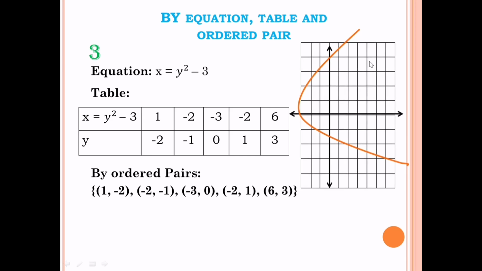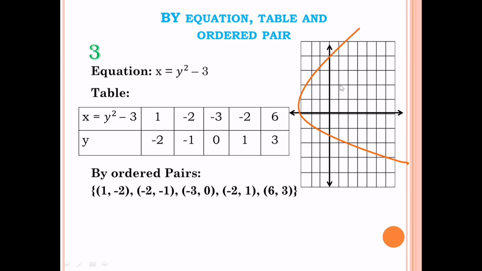So we have it like this. Obviously, if we try to use the VLT, the vertical line test, it intersects more than one point. Which means this equation, this table, as well as the ordered pairs and the graph, is what we call a relation.